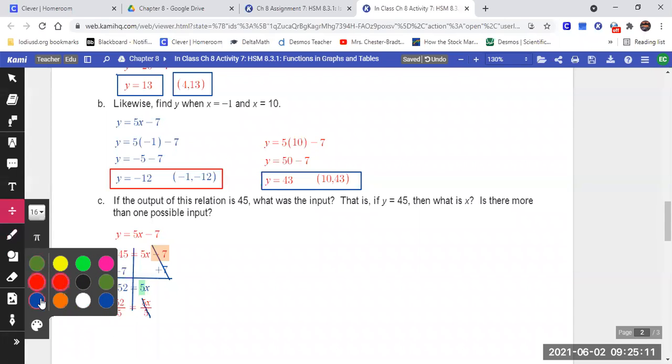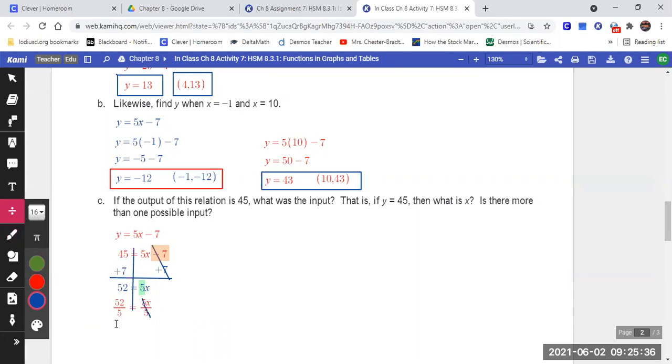So I need to final answer this. How would I final answer this? Nope. We don't do decimals. We talked about that. We're not wasting our time with that. The x does go on the left side though.